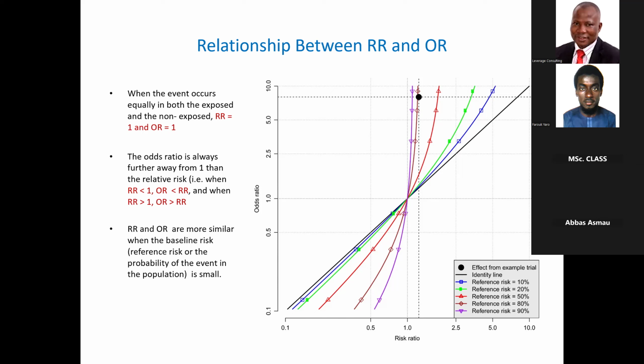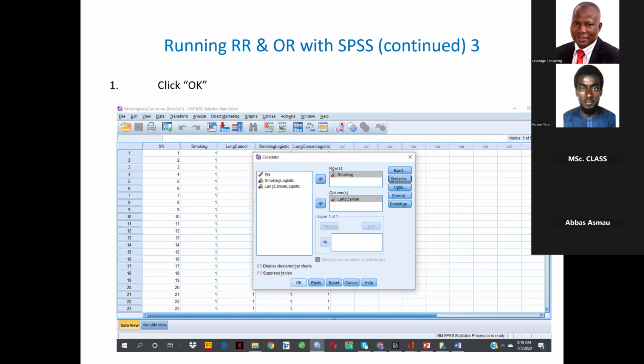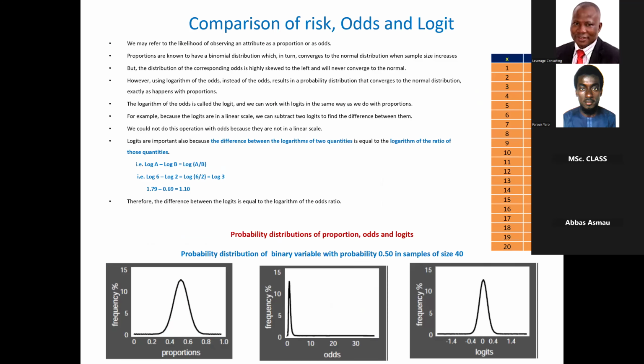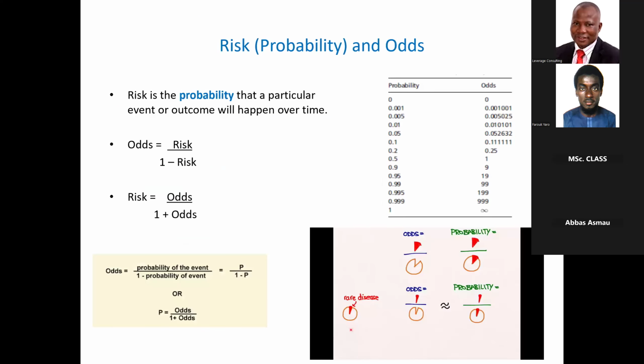Yeah. And the reason is very simple. We have demonstrated from the outset that the range of values for risk is between 0 and 1, so it is limited, but for odds, it's between 0 and infinity. Let me go back there because some people were not here when we started. Probability is the risk here. Risk is the same thing as probability.